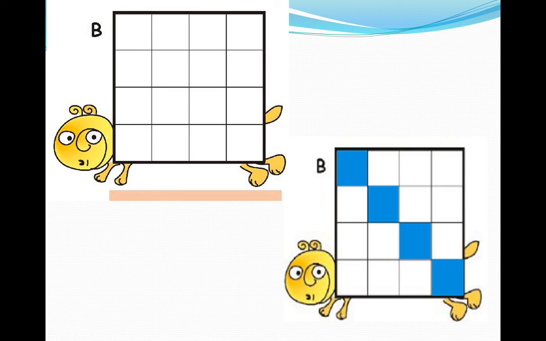So we can write 4 upon 16, that means out of 16 squares 4 are blue and out of 16 squares 12 are white. So we can write 4/16th part is blue and 12/16th part is white.